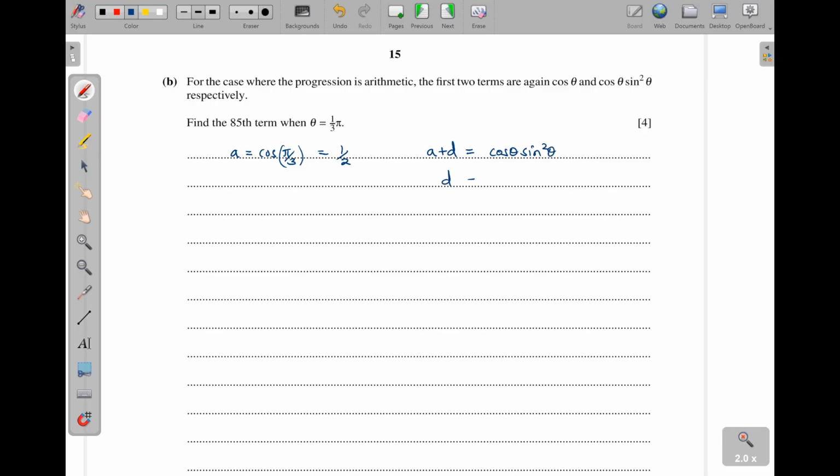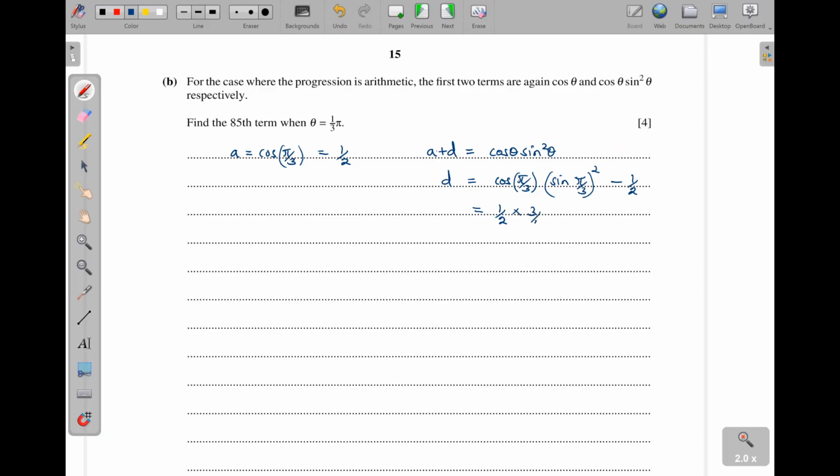So the common difference is going to be cos of pi over 3 and then sine of pi over 3. Then I square this one here. Then I'll subtract A, which is a half. So what do we have here? We have a half, then times root 3 over 2. When we square it, we saw it as 3 over 4, right?